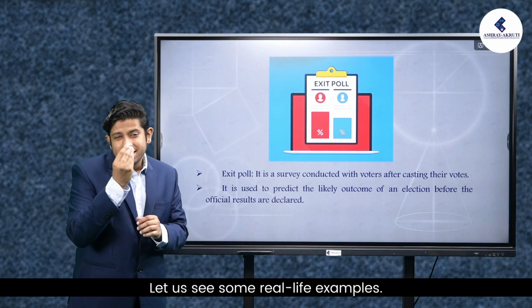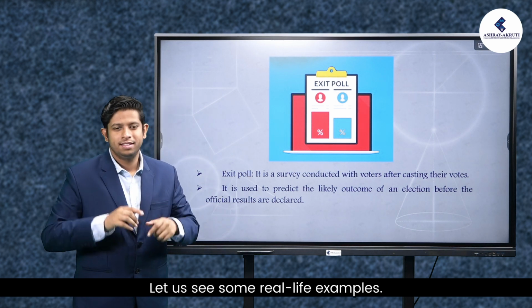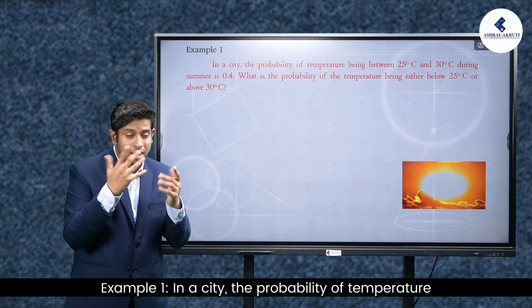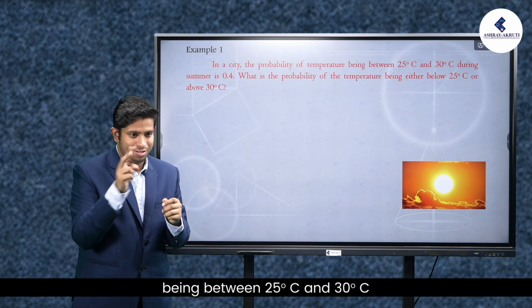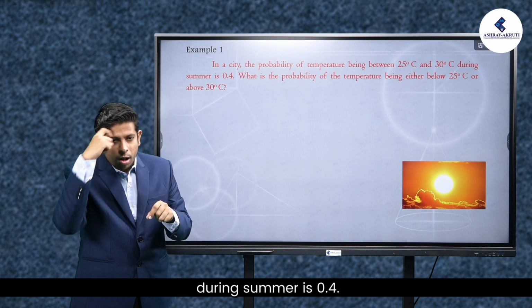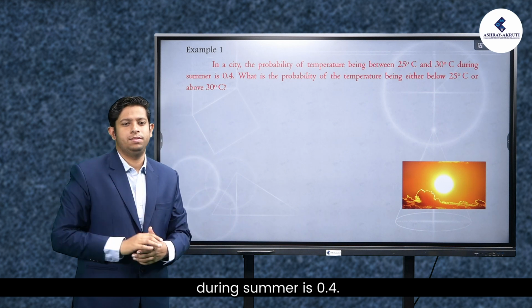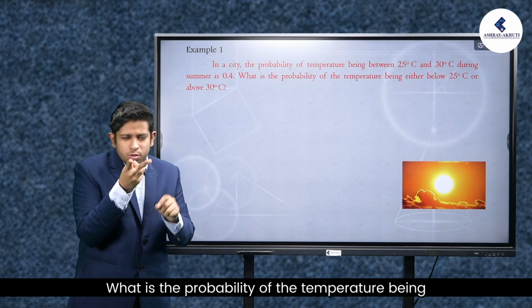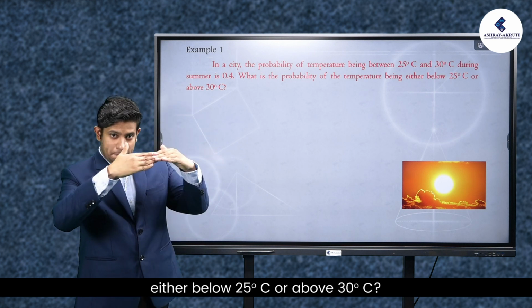Let us see some real life examples. Example: in a city, the probability of temperature being between 25 degrees Celsius and 30 degrees Celsius during summer is 0.4. What is the probability of the temperature being either below 25 degrees or above 30 degrees Celsius?